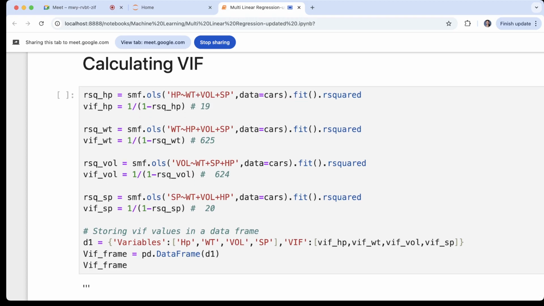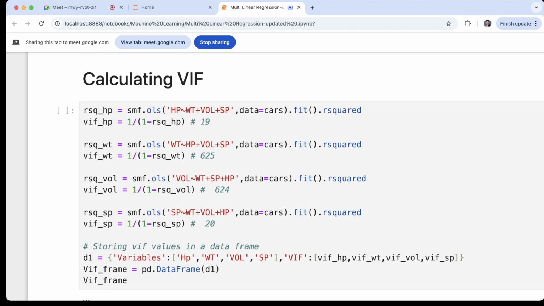So now we will be calculating VIF. How did we calculate VIF? While building the model, how did we build it? We built it within the features, right? Within the features.